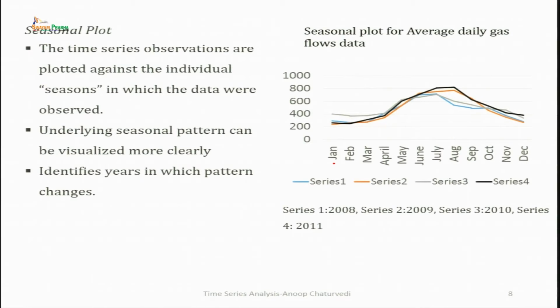You can also observe which year has the larger observation during which month. Say, in January, which year has the largest observation? This series 3 observation, meaning the year 2010. So, this kind of inference you can easily draw using the seasonal plot.